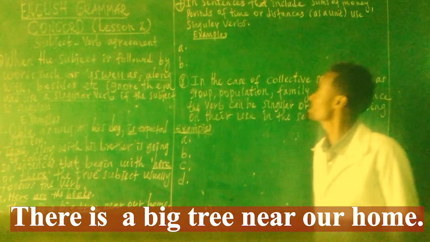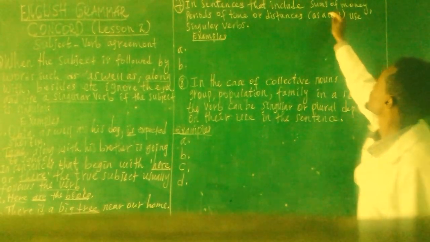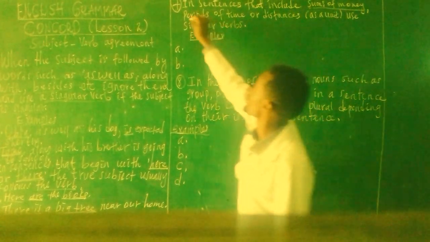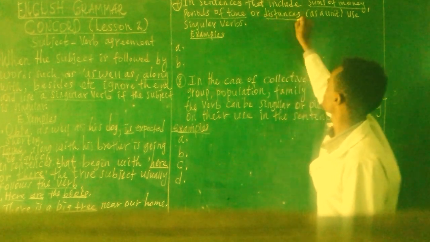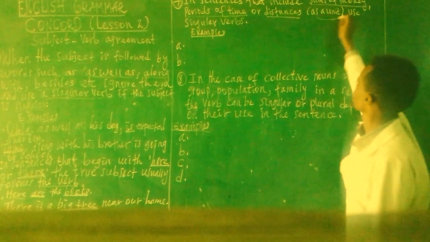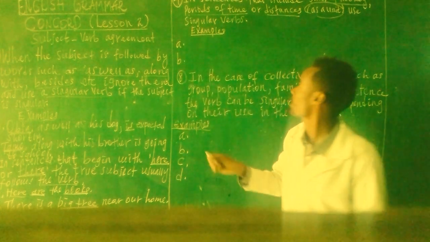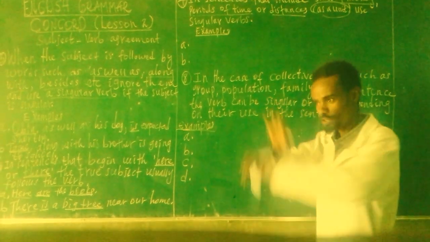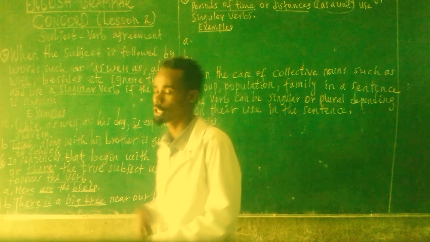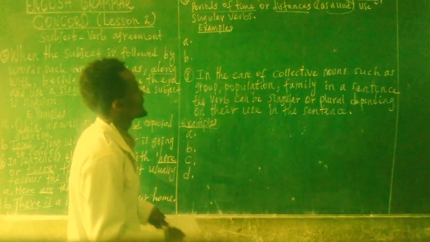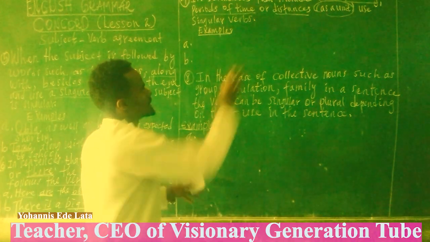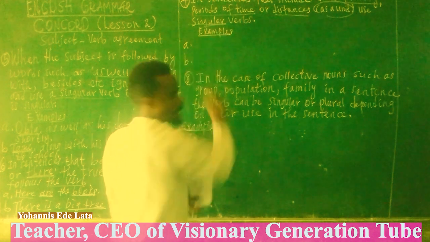And the seventh rule is about sentences that include sums of money, periods of time, or distances. That means as units, we have to use the singular verb.